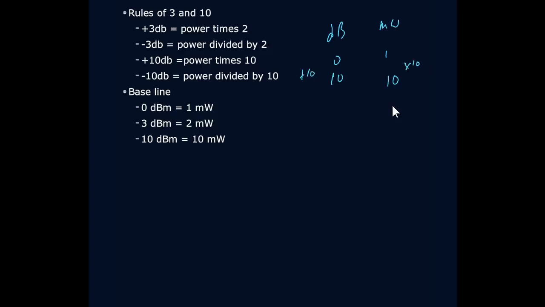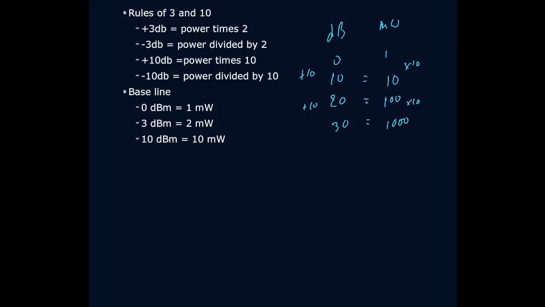So multiply by 10 again over milliwatts, what do you get? 100 milliwatts. Add 10 on the decibel side, that means it's 20 decibels. When we get to 1,000 milliwatts, remember that's a watt, that's going to be equal to add 10 again, that's going to be 30 decibels, right? So every time you multiply by 10, you're going to add 10 on the other side.